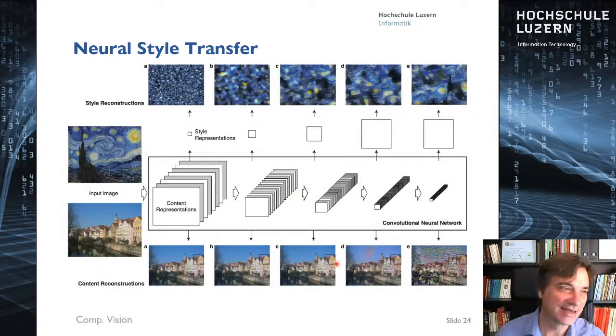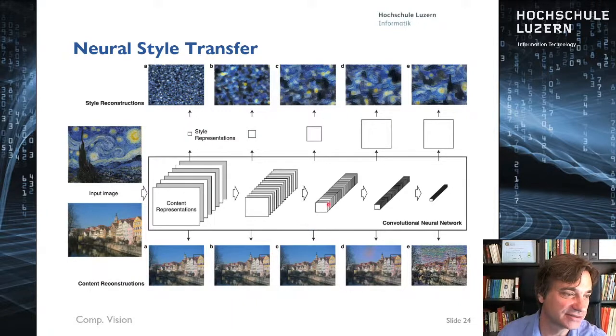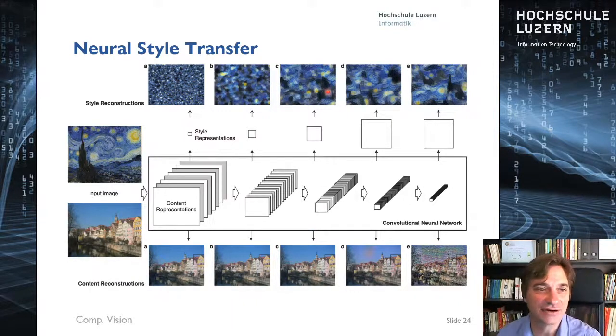So the idea is actually quite similar to the texture generation. You have your convolutional neural network, and you try to reconstruct the content of the image on one side, and you also try to reconstruct the style of the image on the other side.